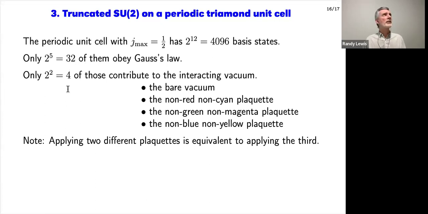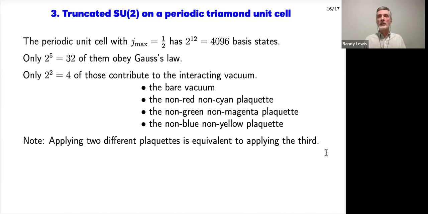Let me mention in passing, though, that this is all useful, even if you want to go to larger lattices, because, for example, this note, applying 2 different plaquettes is equivalent to applying a third. This is true in the unit cell, but there's actually a version of this that is true beyond the unit cell as well. And so this is the kind of thing that we can learn by studying a unit cell carefully.